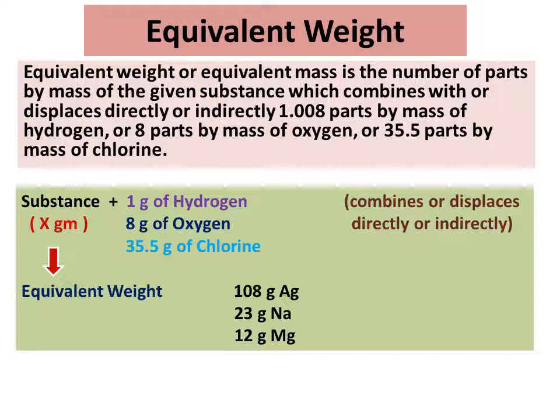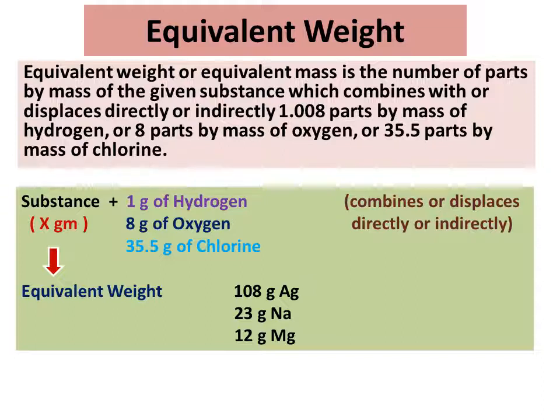The definition of equivalent weight or equivalent mass is the number of parts by mass of the given substance which combines with or displaces, directly or indirectly, 1.008 parts by mass of hydrogen, or 8 parts by mass of oxygen, or 35.5 parts by mass of chlorine.